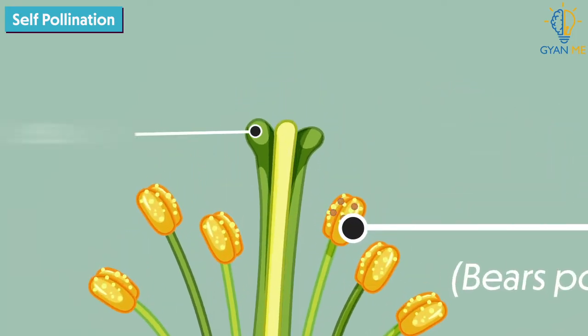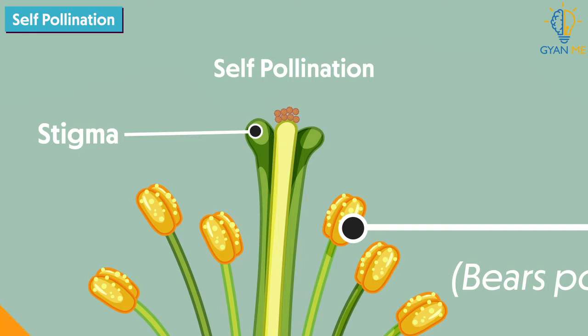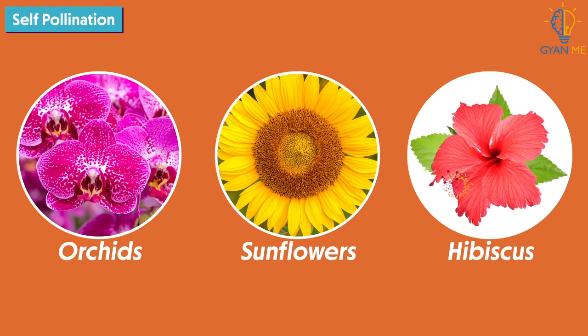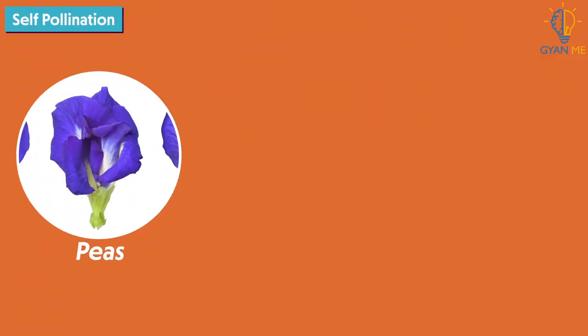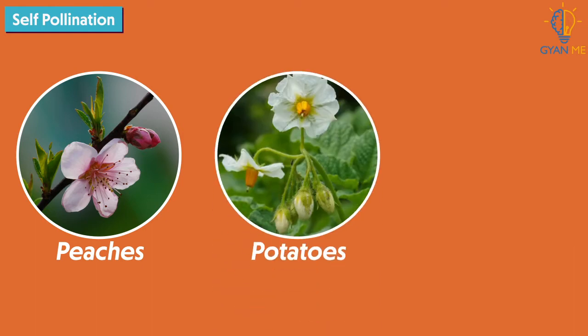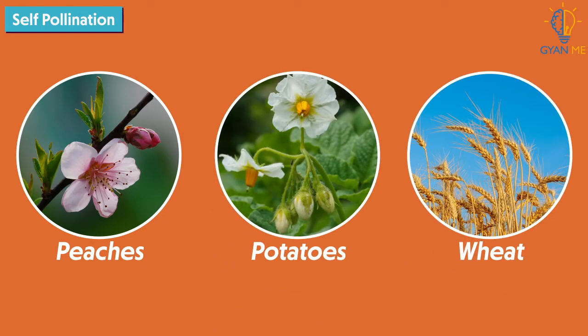If pollen grain from this flower falls on the stigma of the same flower, that is on itself, or if it falls on a stigma of any other flower which is there on this plant itself, it is called as self-pollination. It occurs in orchids, sunflowers, hibiscus flowers, peas, peanuts, oats, peaches, potatoes, wheat, and others.